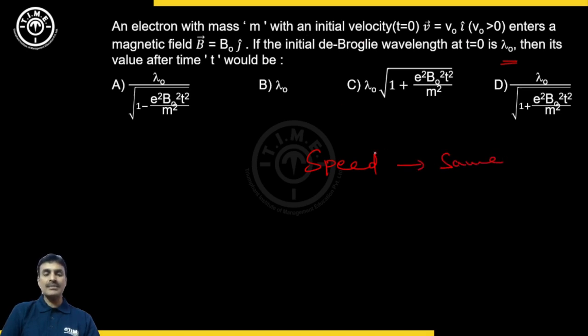As long as the speed is same, its momentum remains same. If momentum is same, is there any change in wavelength? We have lambda equal to h by p. As long as this part is constant, lambda will remain constant, right? So, it's lambda naught. Even after a time t, the value will remain lambda naught. Understood? Such a simple thing it is.